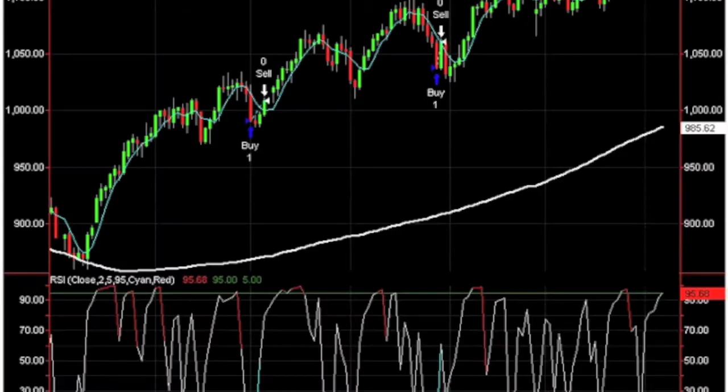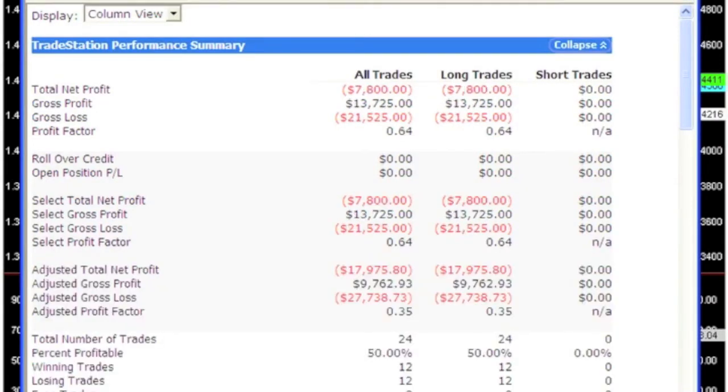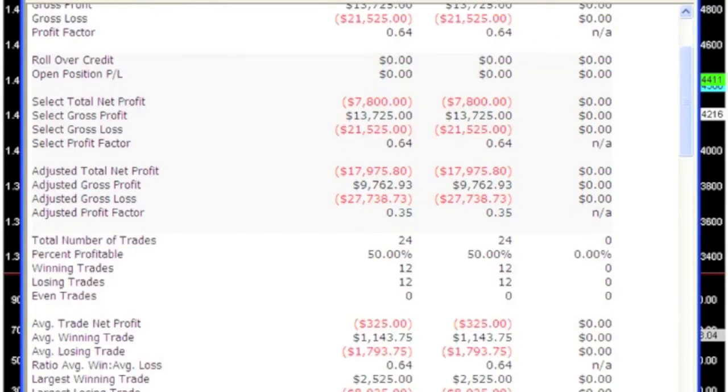Let's first bring up the currency future, the euro. Bring up our report, and we get a loser of $325. The equity graph looks like this.